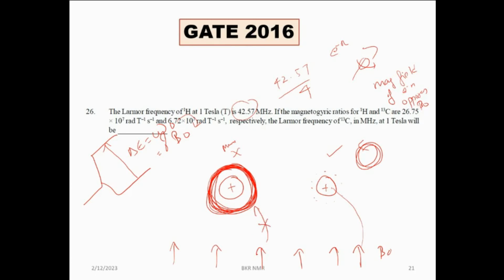Same thing. So now B0 I am giving to the nucleus. The B0 will straight away be experienced by this nucleus. But here the B0 will not be experienced. Why? Because the electrons are opposing. Electrons oppose பண்ணுது. இங்க கொஞ்சமா oppose பண்ணுது, இங்க பயங்கரமா oppose பண்ணுது.